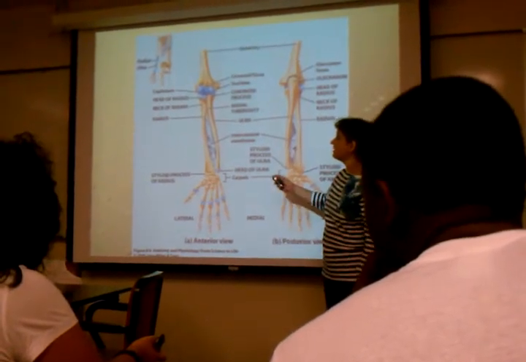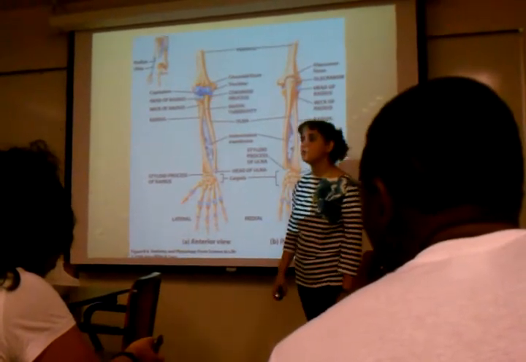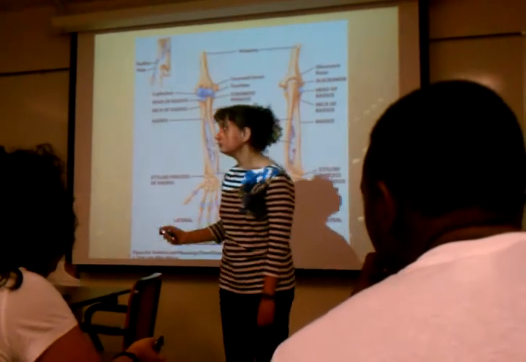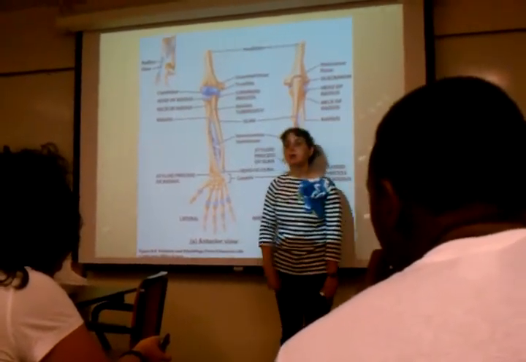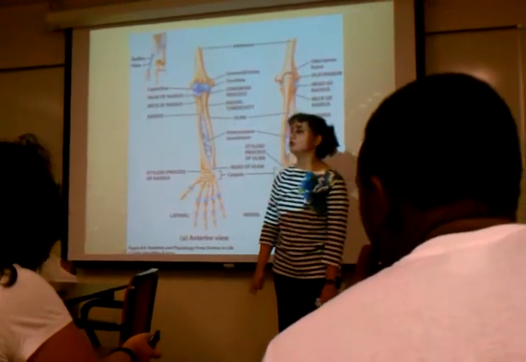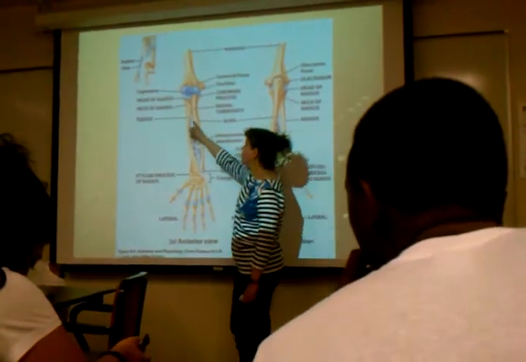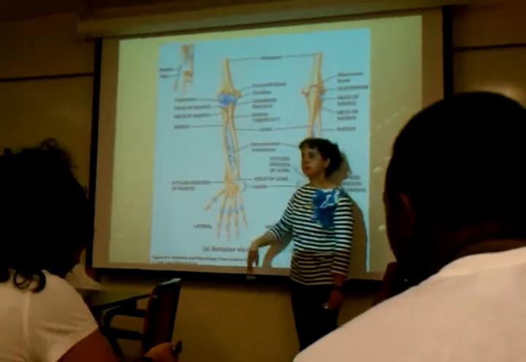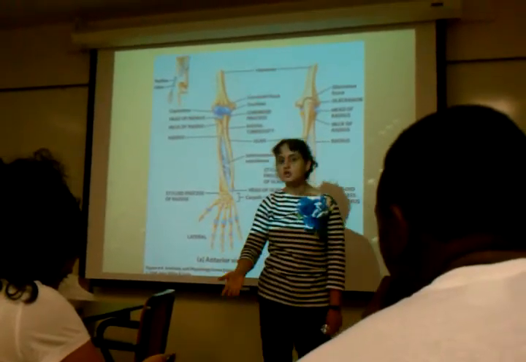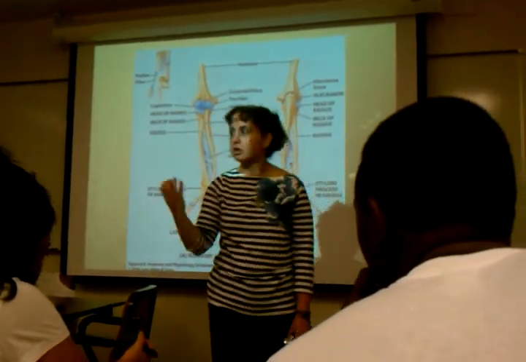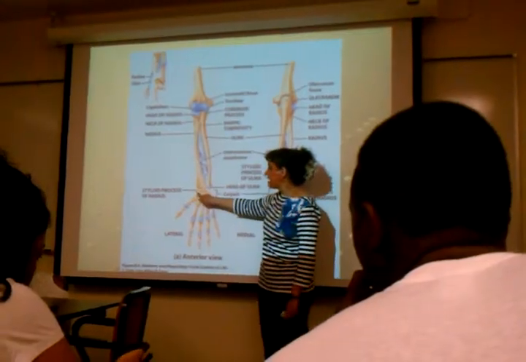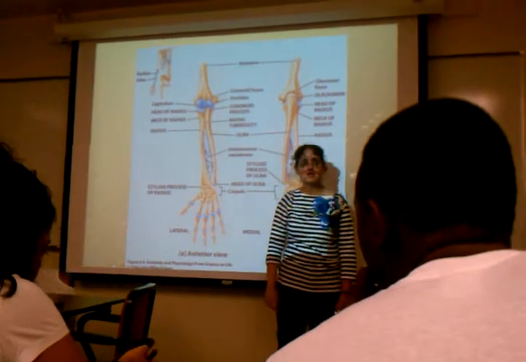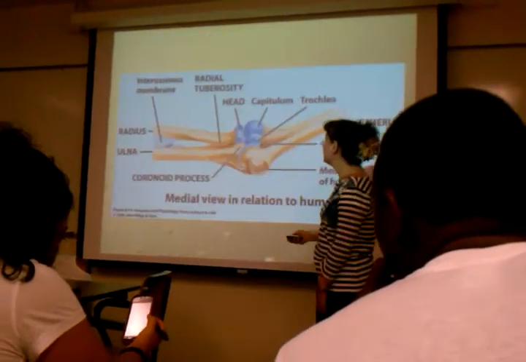So this is your radius. The head of the radius connects to where? The capitulum of the humerus, and also to the radial notch of the ulna. Very good. Just inferior to it, this prominent part is called the radial tuberosity. Its function is attachment to muscles and tendons. Then you have the body here, and here you have the styloid process. So this is your elbow joint.